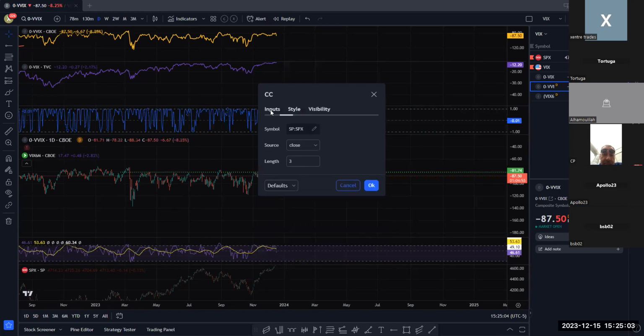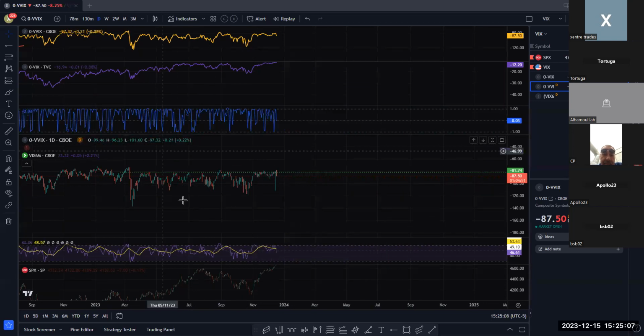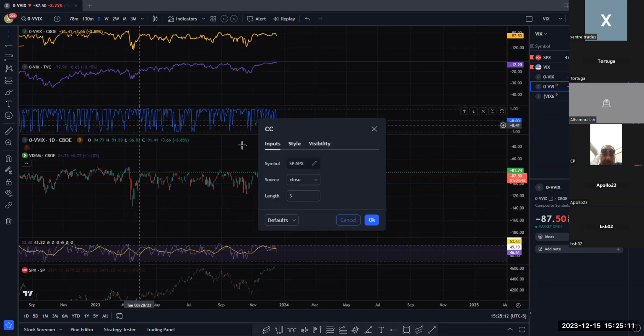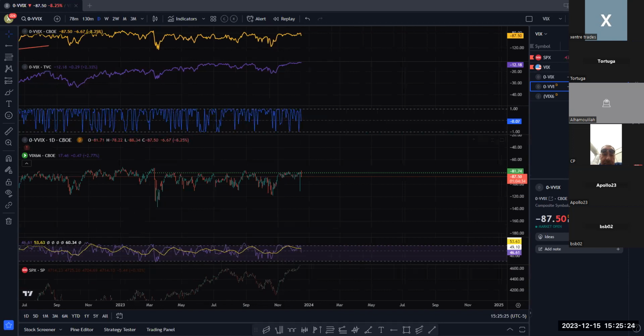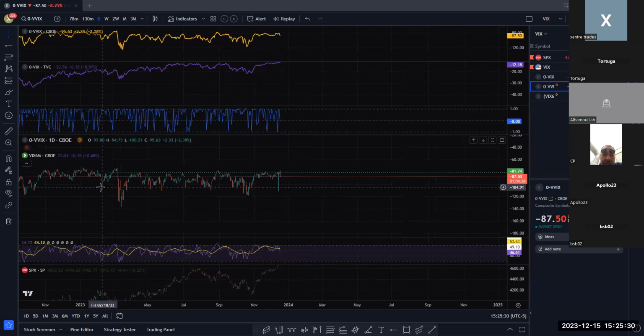I set this to SPX, so it's comparing against SPX. It's the 3 period, but once it goes negative, that means that this ticker, the VIX or the VIX spread, whichever one you're looking at, has started to come down.